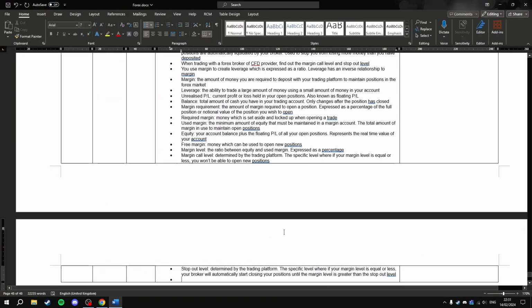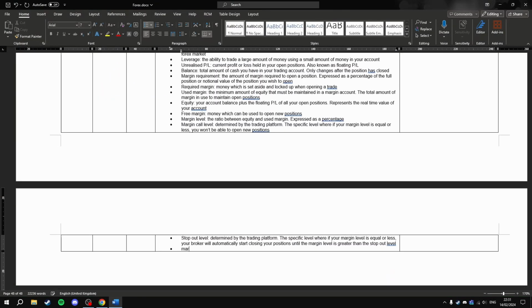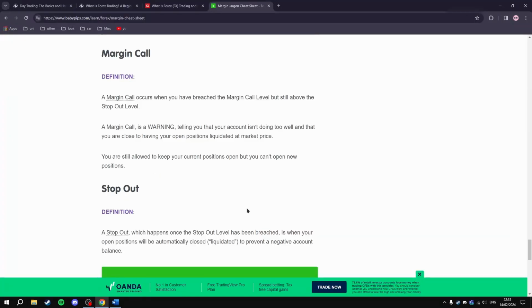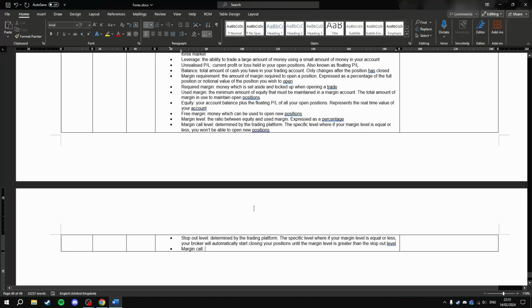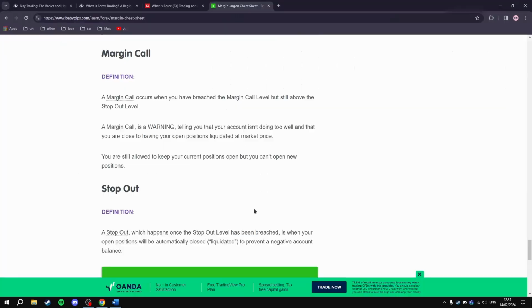Margin call. A margin call occurs when you have breached the margin call level but are still above the stop out level.